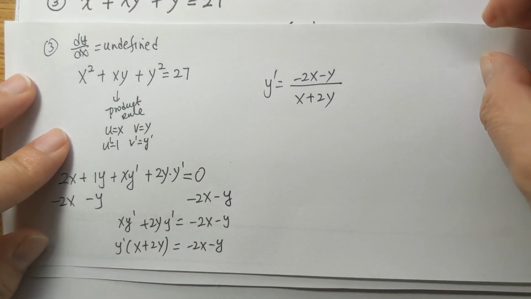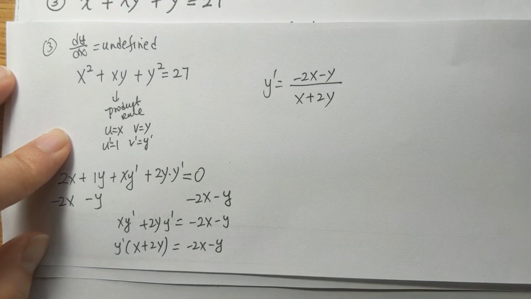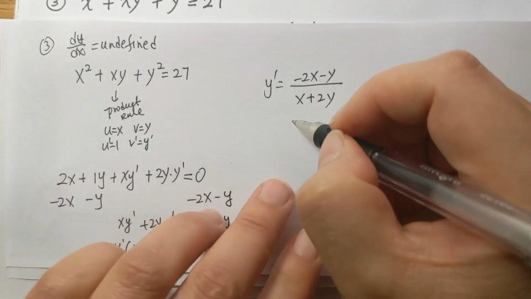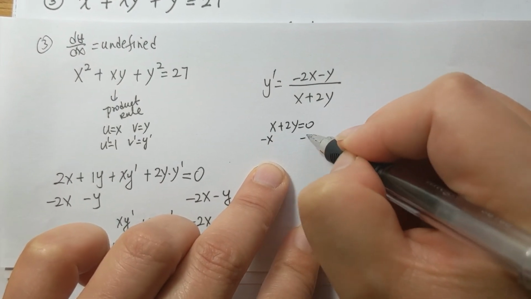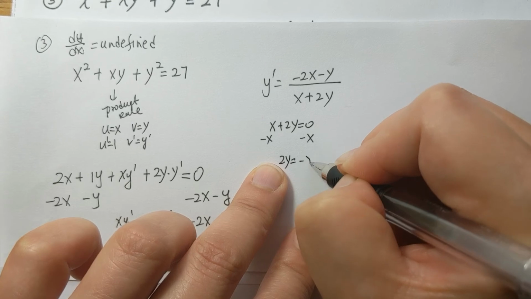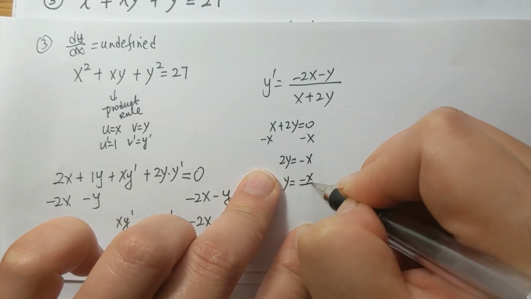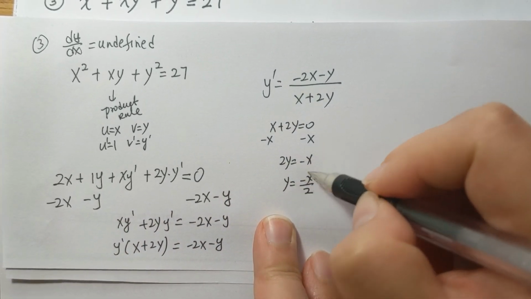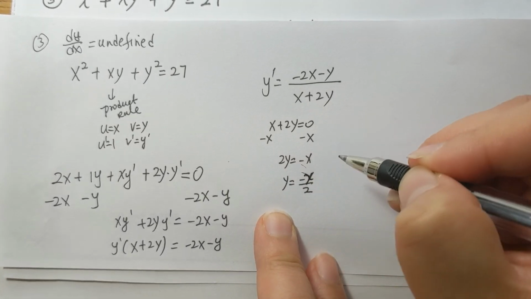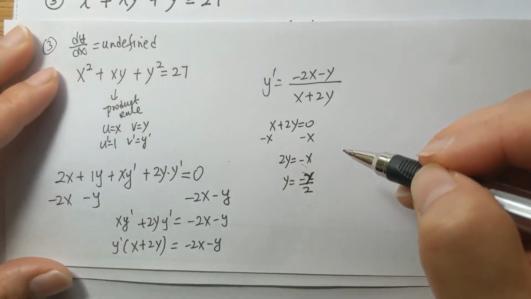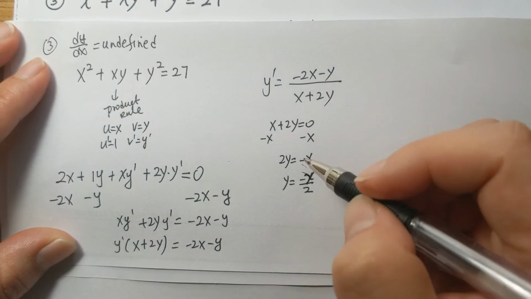After we got the derivative, we have to make it undefined. So that means x plus 2y equal to 0. Subtract x. Here, something happened. You don't get a number, you get an equation: y equal to negative x over 2. Then, what do we do?